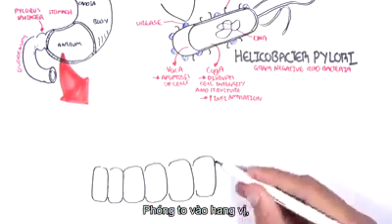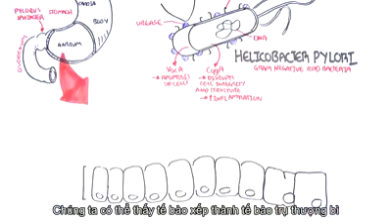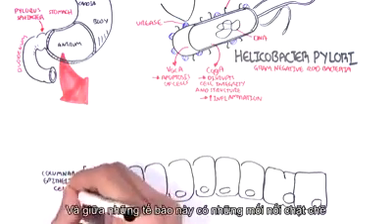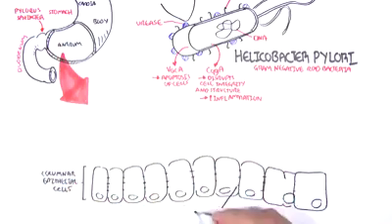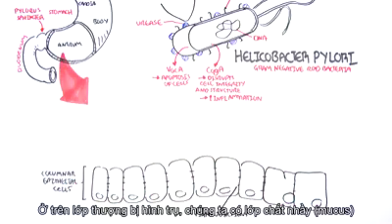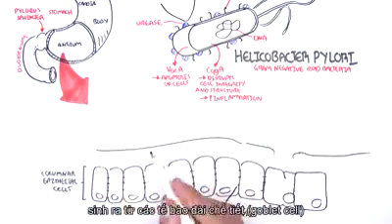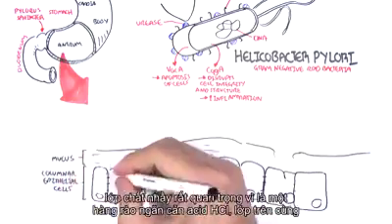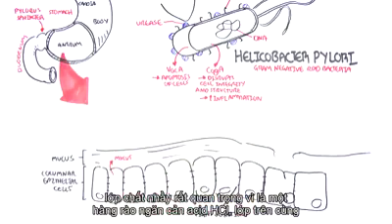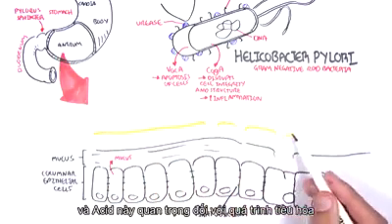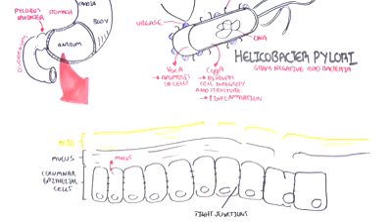So zooming into the antrum of the stomach, we can see that the stomach cells are composed of columnar epithelial cells. And the columnar epithelial cells have between them junctions known as tight junctions. Above these columnar epithelial cells, we have a layer of mucus, which is produced by the goblet cells. And mucus is very important because it acts as a barrier from the hydrochloric acid layer on top. And the hydrochloric acid is important in the digestion of food.